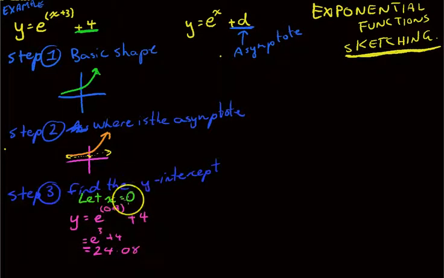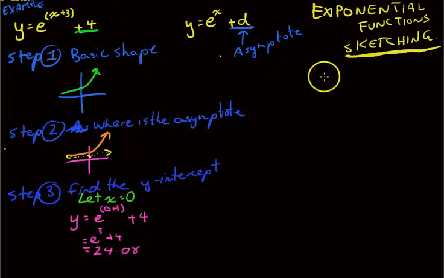So that tells us our y-intercept. Now we've got a whole bunch of information here. We have our basic shape, we know our asymptote is at 4, and we know that our y-intercept, that point right there, is equal to 24.08.